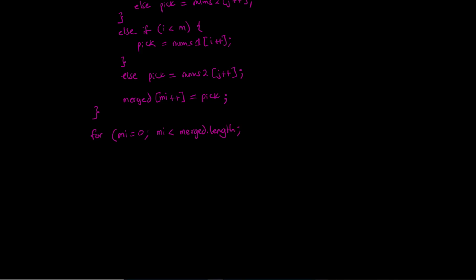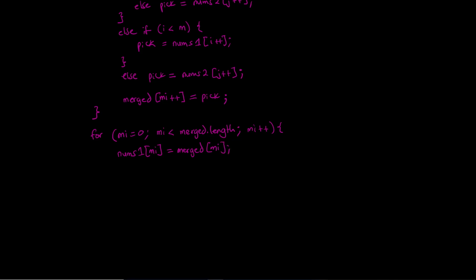Basically our pointer or iterator for merged was mi, so let's just keep the iterator as it was. So mi plus plus, and then nums1[mi] equals merged[mi].